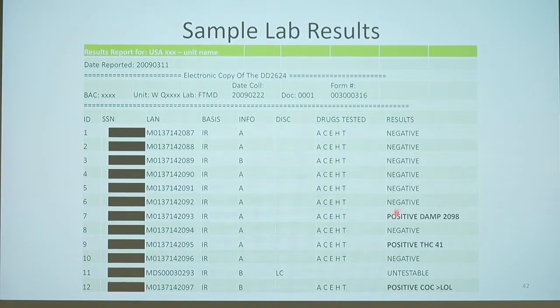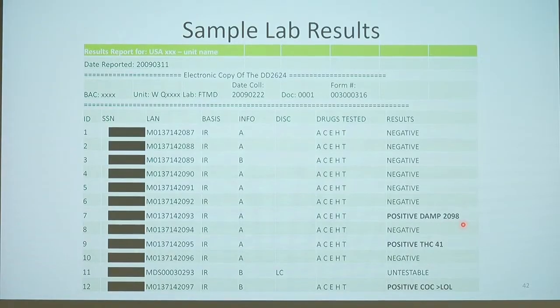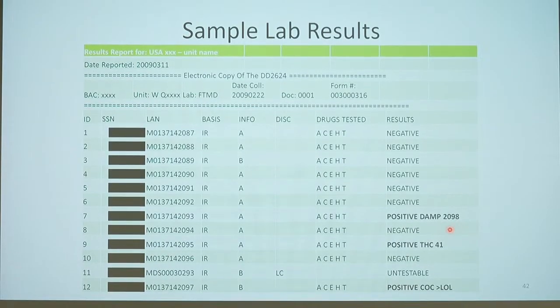We can see that patient 7 was positive for D-amphetamine at 2,098 nanograms per liter. Patient 9 was positive for THC.